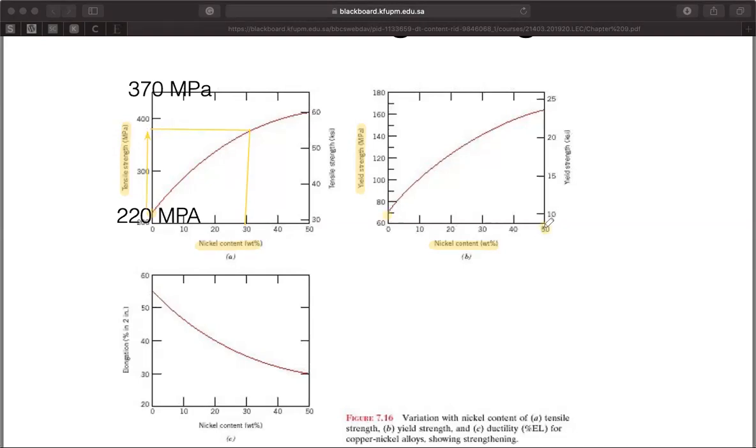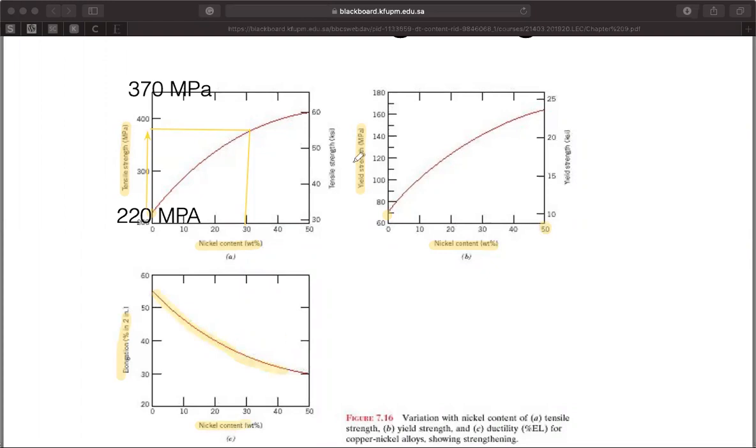The challenge here is that solid solution will increase the strength of the material, but if you increase the strength, you're going to sacrifice the ductility. This figure is showing the elongation, so it's expressing the ductility in terms of elongation percentage, and you see that as you add nickel, you're going to decrease the ductility of the material.